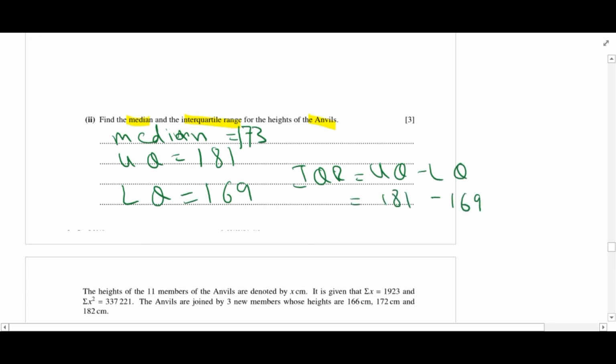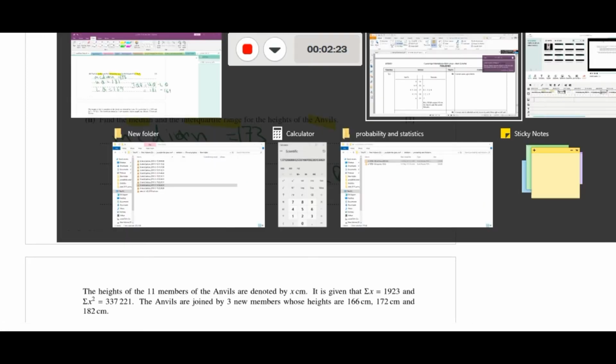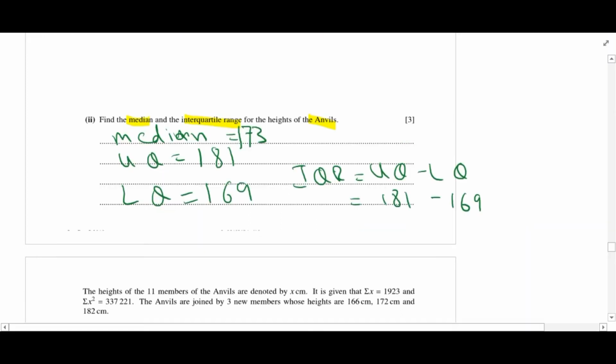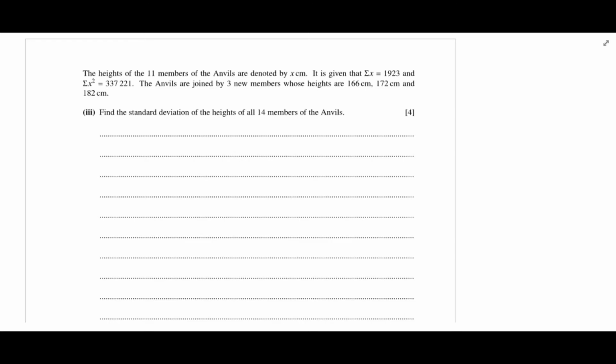Interquartile range is equals to upper quartile minus lower quartile. That will be 181 minus 169. And again, I will calculate. 181 minus 169 is equals to 2.